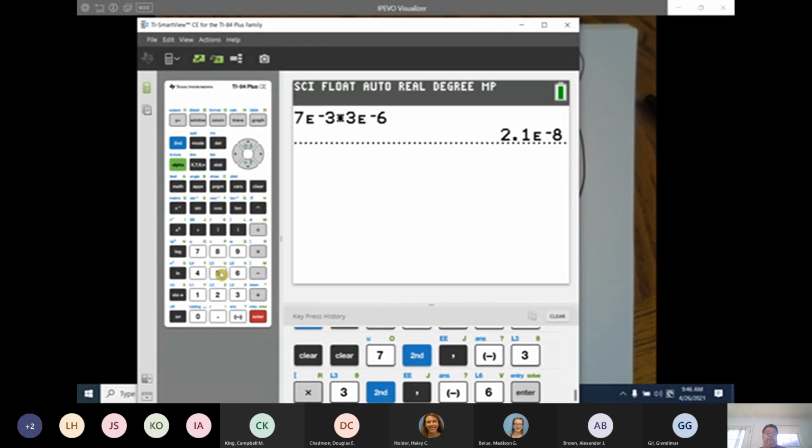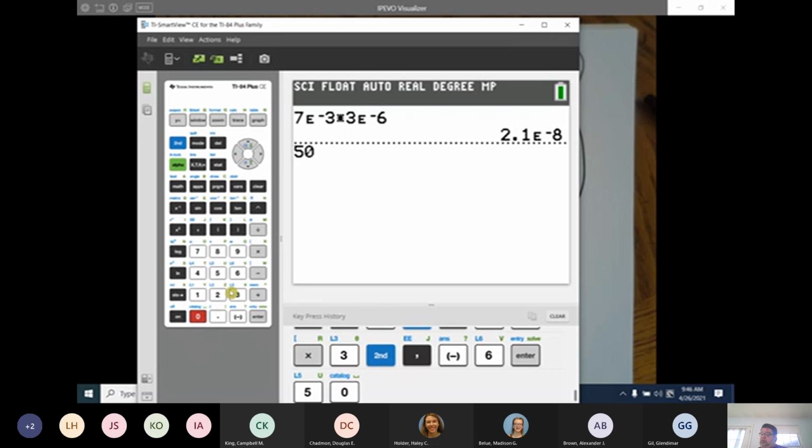50 e to the negative fourth divided by 2 e negative 6. 2.5 times 10 to the positive third.